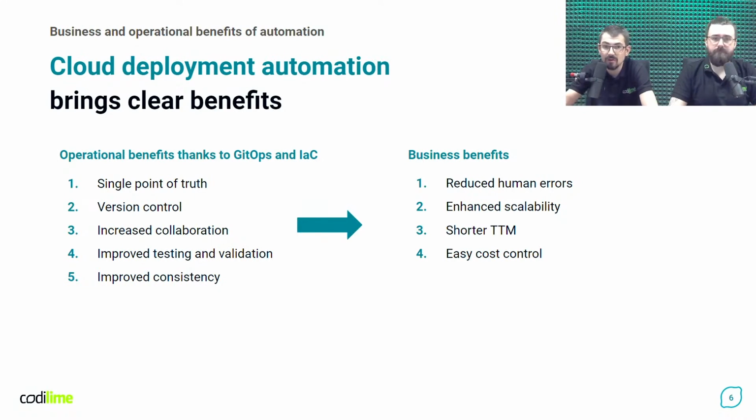That all brings clear business benefits like reduced human errors and enhanced scalability. It really doesn't matter how many virtual machines you wish to deploy in the cloud if you have it automated. Shorter time to market, and also, as I said before, easy cost control.